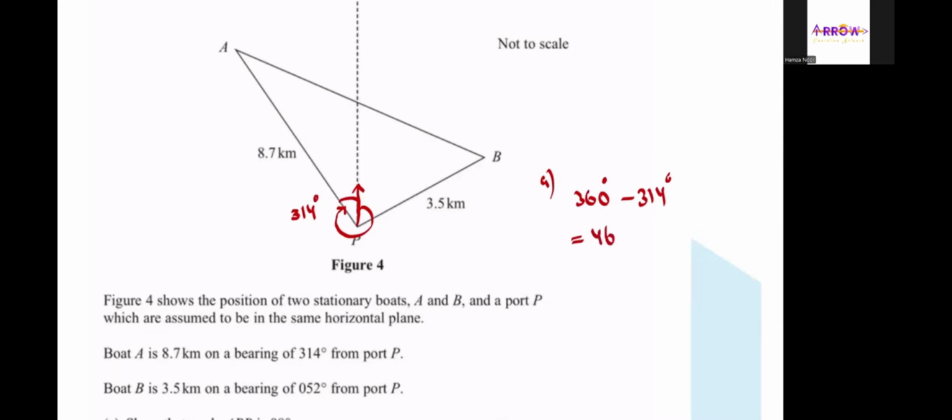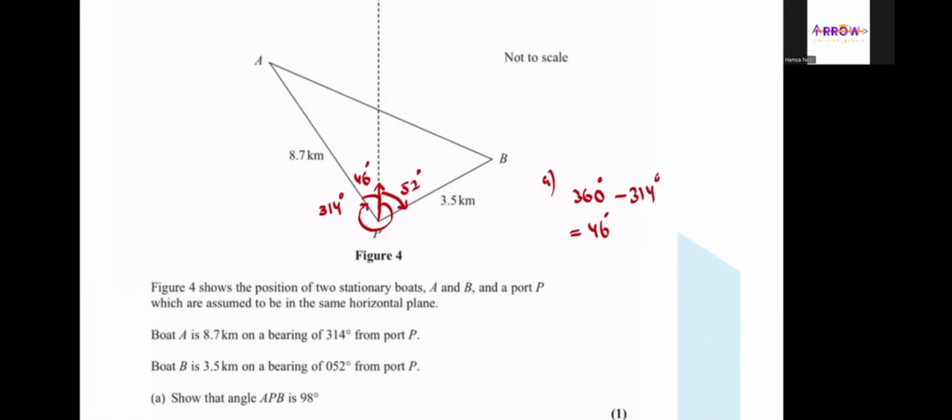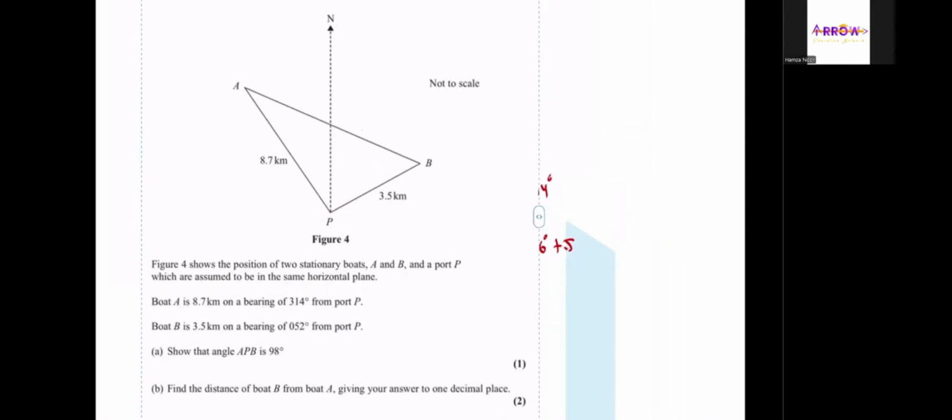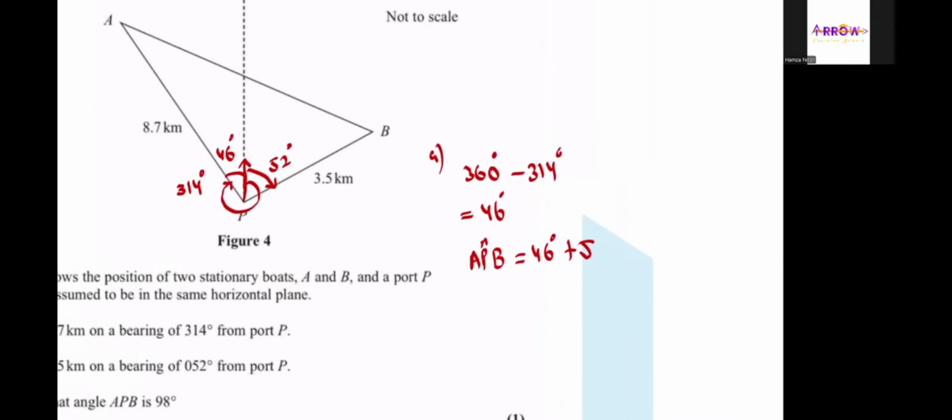And we know that this angle is 52 degrees. Therefore angle APB is 46 degrees plus 52 degrees. So the value of angle APB is 98 degrees as per the requirement of the question.